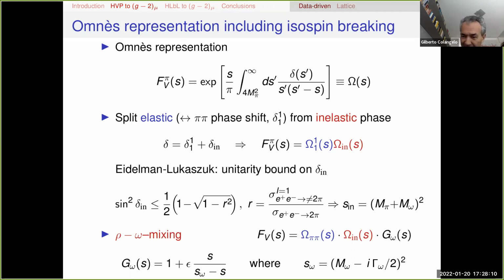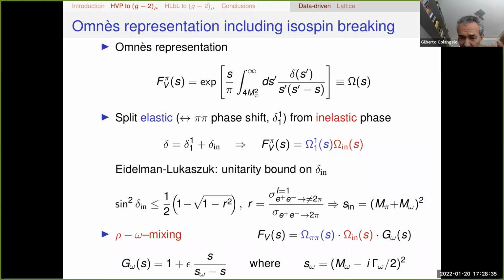We have even tested that the difference to a full treatment of the omega resonance doesn't change anything. And then you have a parameter epsilon, a small parameter, which is responsible for this isospin breaking effect, the mixing of these two resonances of different isospin.